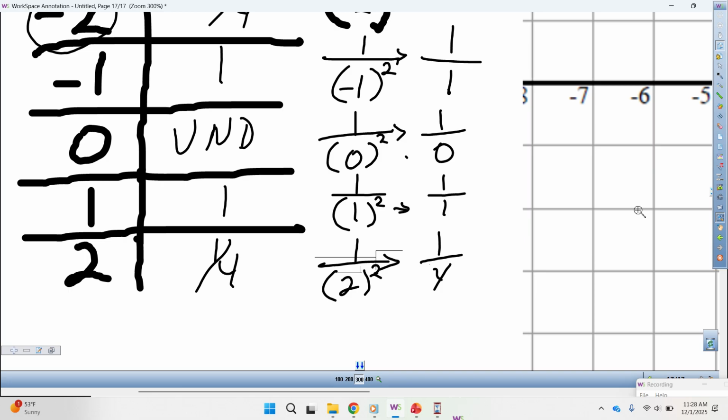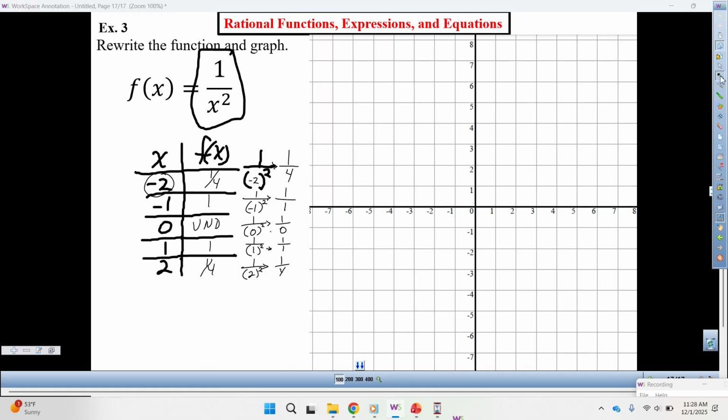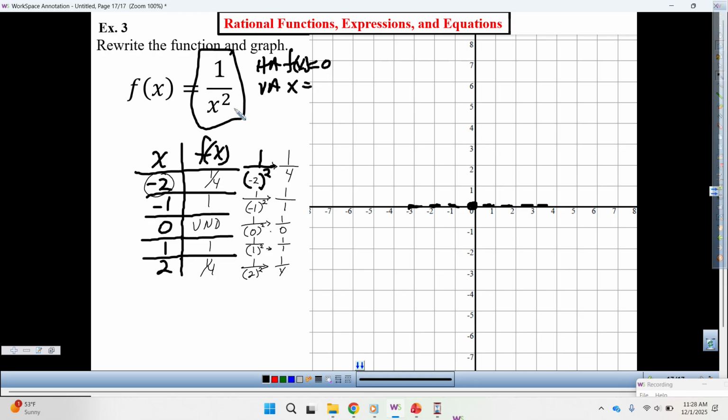All right, so being that it's f of x, we need our HA, which is still what? 0. Our VA, x equals, is there anything next to the x here? No, so it's still 0. So now that we have our asymptotes ready, let's graph our points.